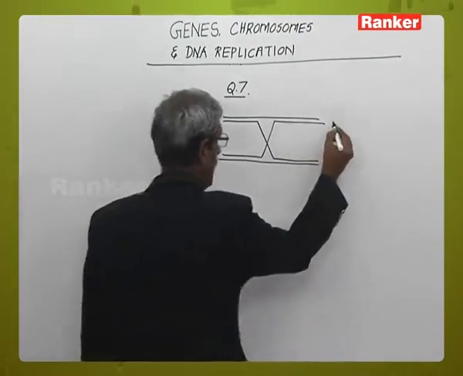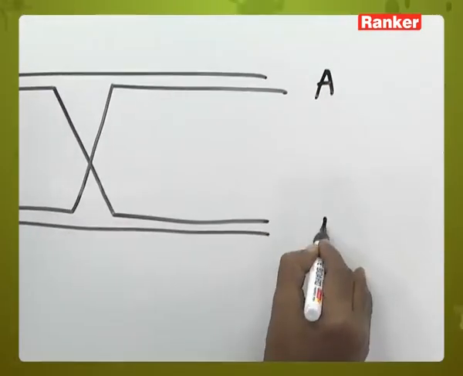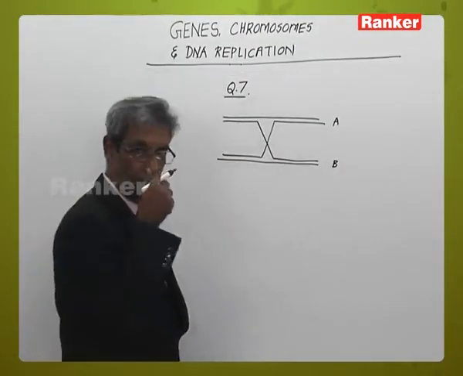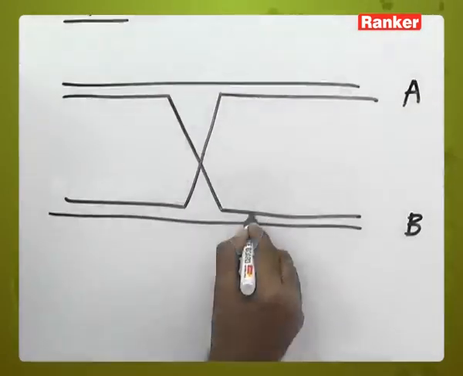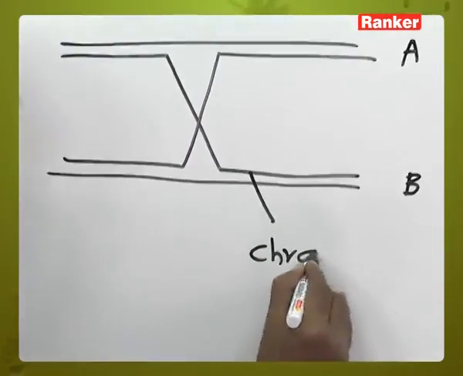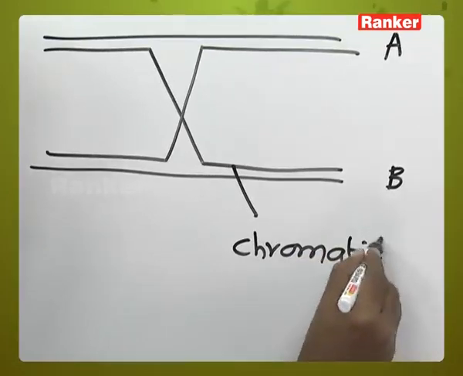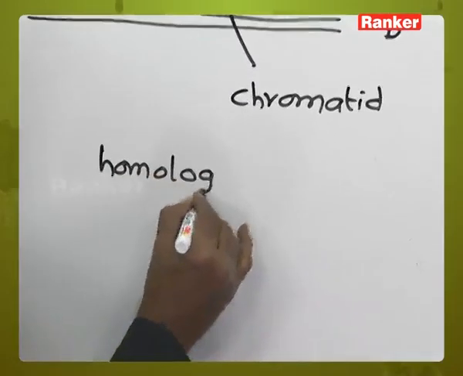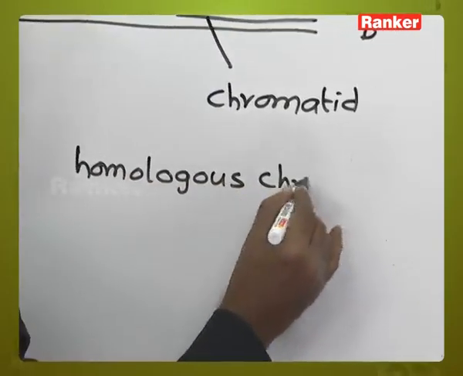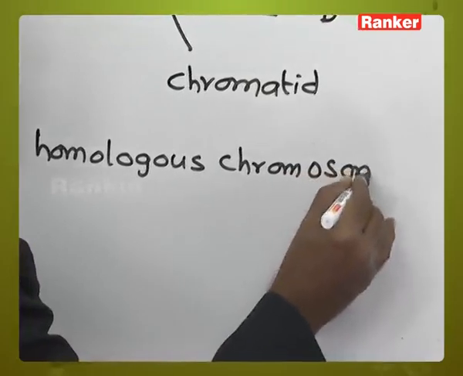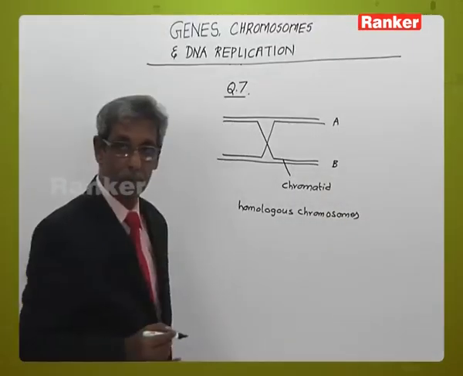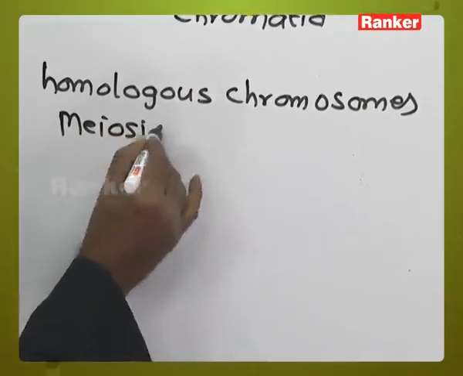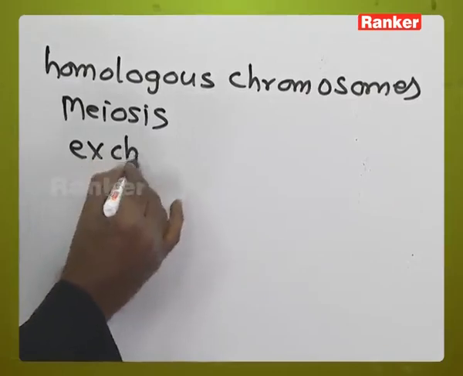Imagine this is chromosome A and this is chromosome B. An arm of a chromosome is termed a chromatid. We have homologous chromosomes coming together during meiosis, and there is exchange of genetic material.